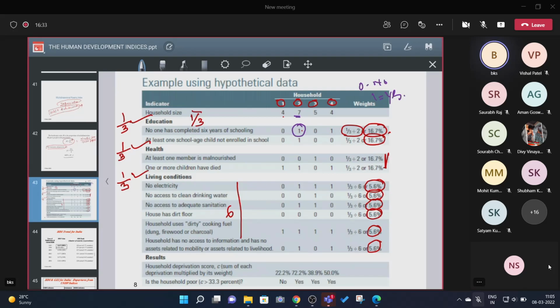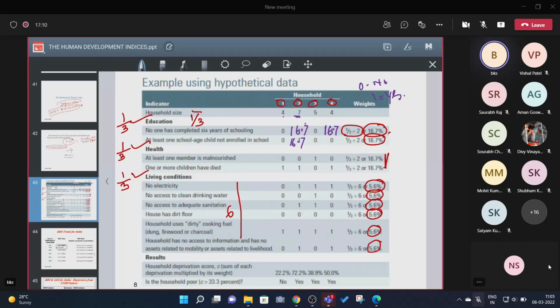That implies this gets a weight of 16.7. Similarly, for household 4, it gets a weight of 16.7. Similarly, in the second indicator, the household gets a weight of 16.7, but the other households didn't.